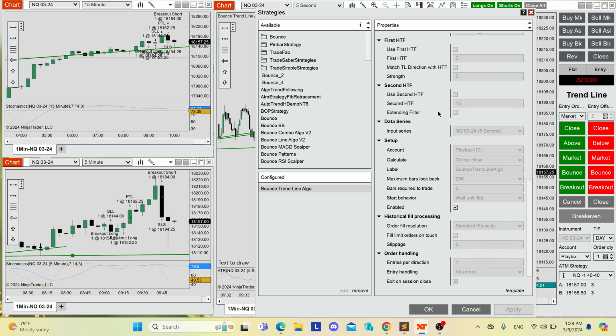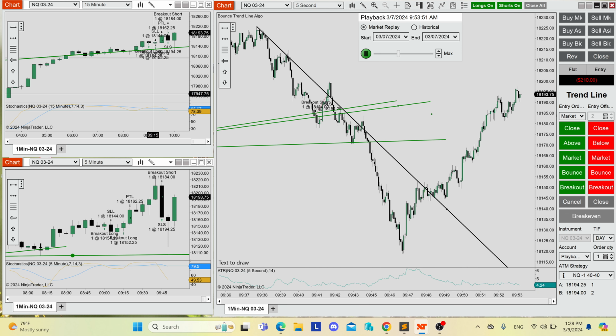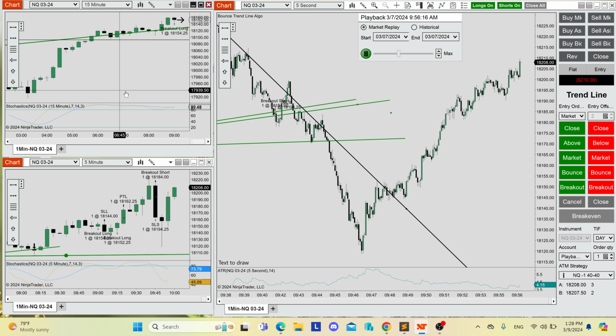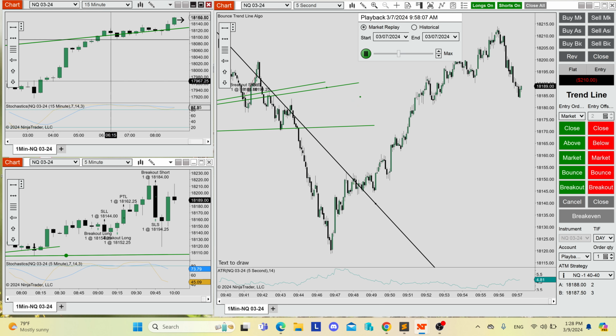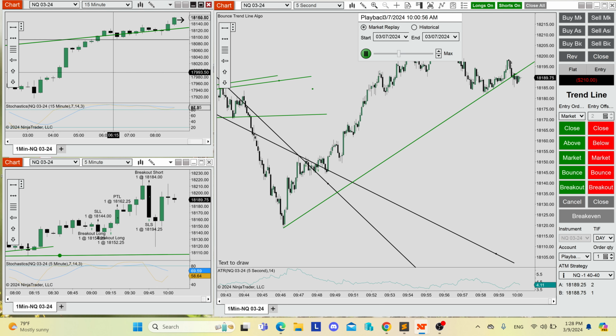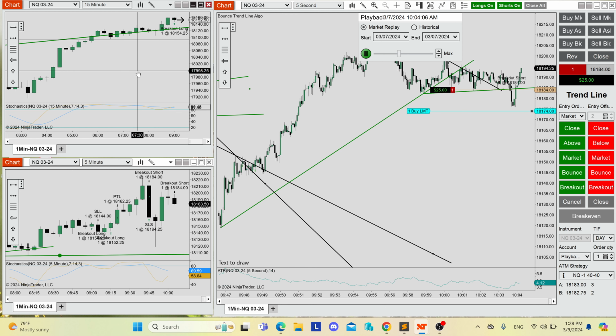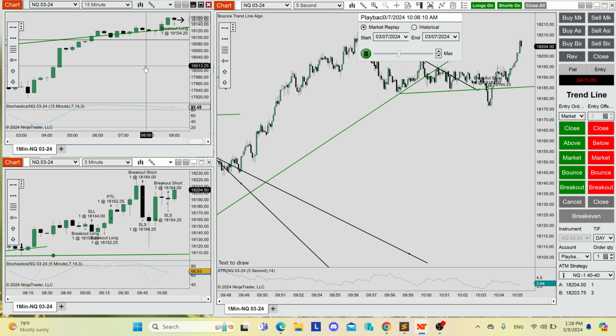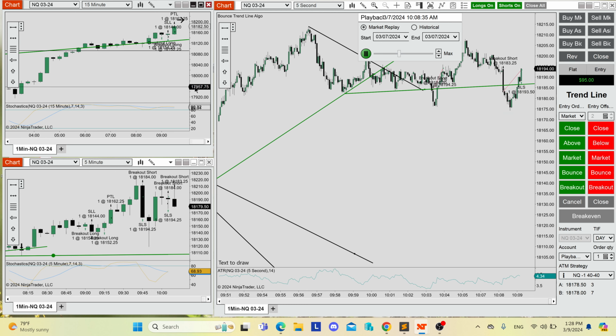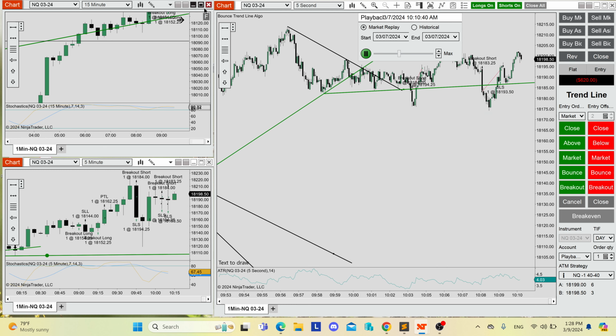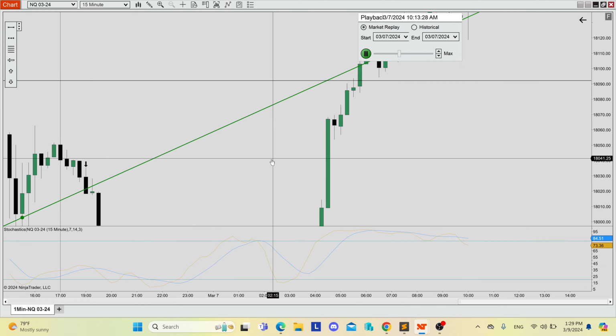Filter that I've added is the extending filter. This basically means that, let me just show it to you.